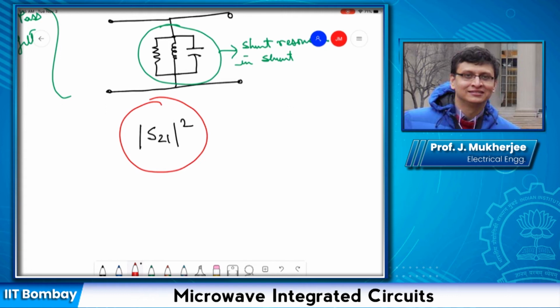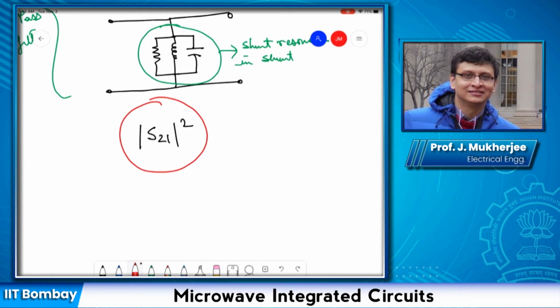Okay, and we define a quantity called insertion loss L, given by this parameter. Now because this quantity is lesser or equal to 1, hence insertion loss for the passive narrowband filters that we are discussing, L will be greater or equal to 1.